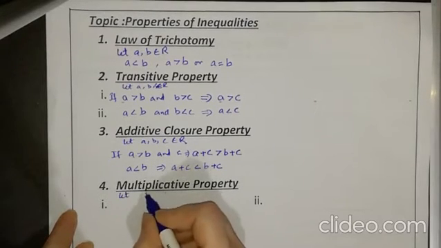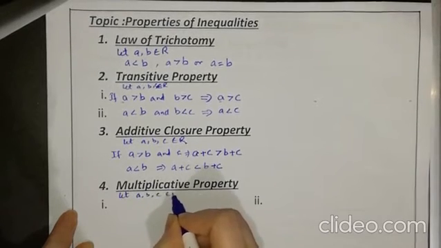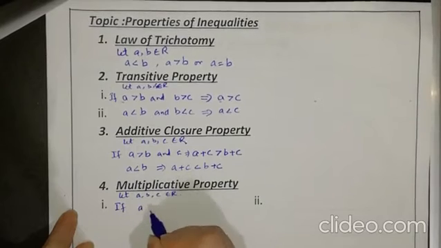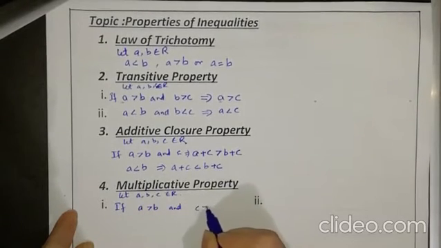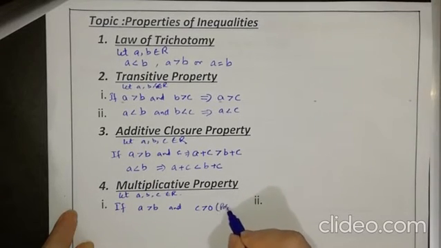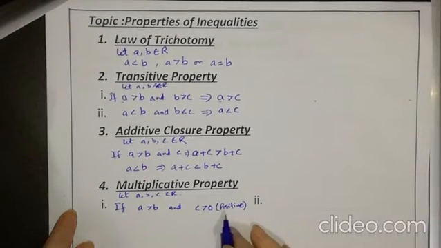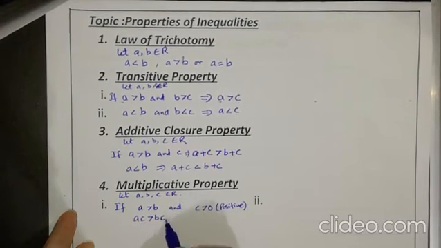So let A, B, C belong to R. If A is greater than B and C is greater than 0, C is greater than 0 means your multiplier is positive, so when you multiply by C you will get AC greater than BC.